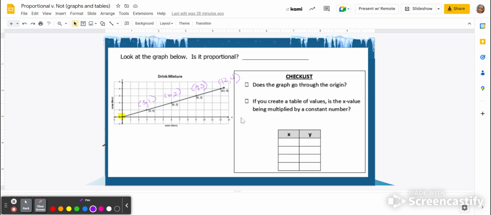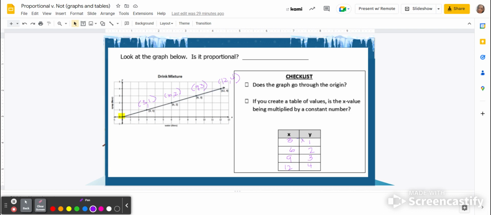So if you guys want to rewrite that in your notebook so you can see it. So my x coordinate is this line right here. So my first one is 3, and my y coordinate is 1. My next one is 6, y coordinate 2. X coordinate 9, y coordinate 3. X coordinate 12, y coordinate 4. So how do I get from 1 to 3?